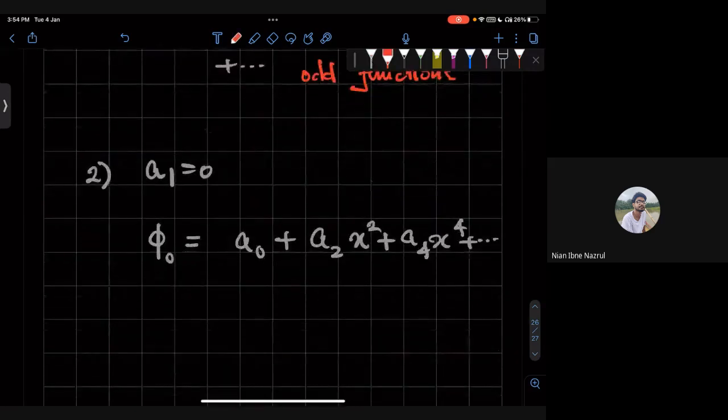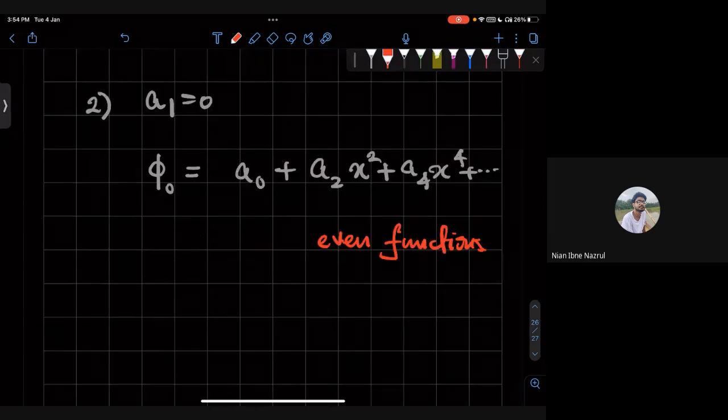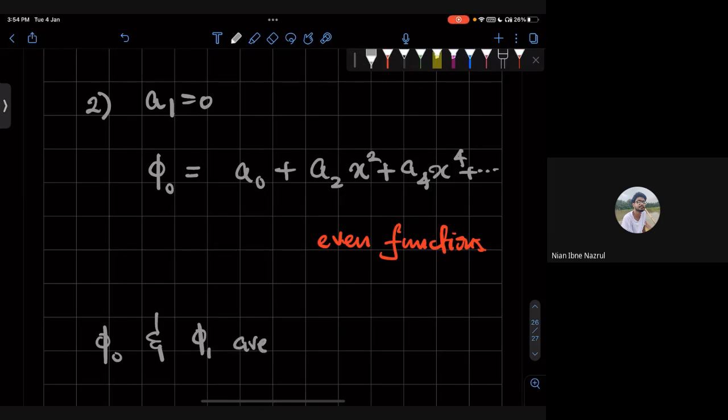And these are even functions, okay? Okay, is that clear? Yes, sir. So phi 0 and phi 1 are linearly independent solutions.